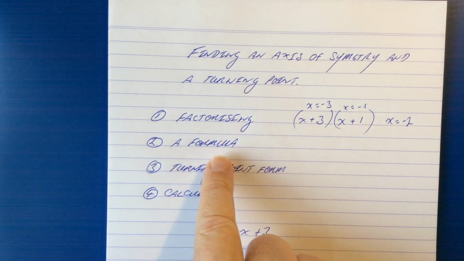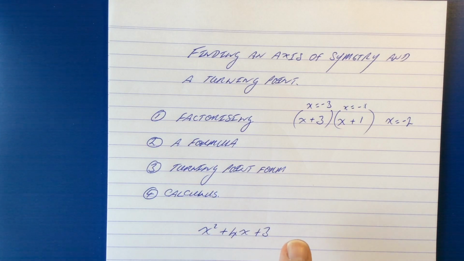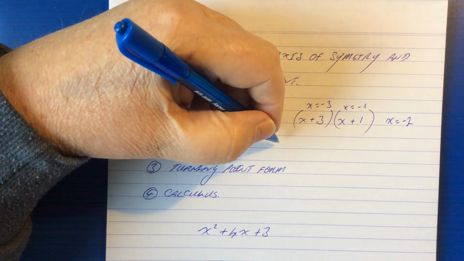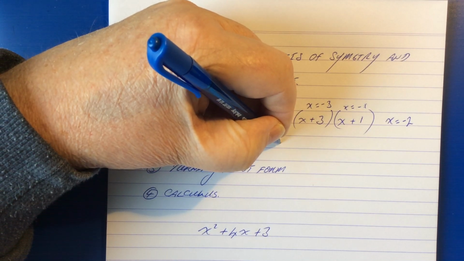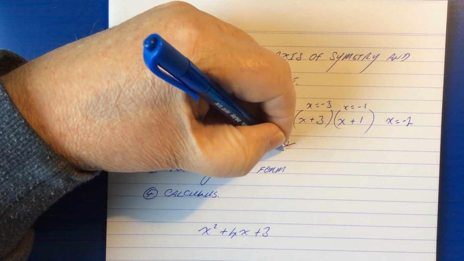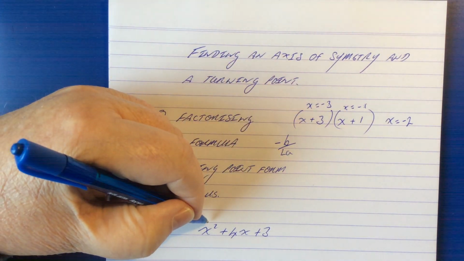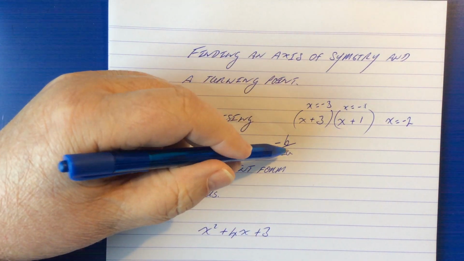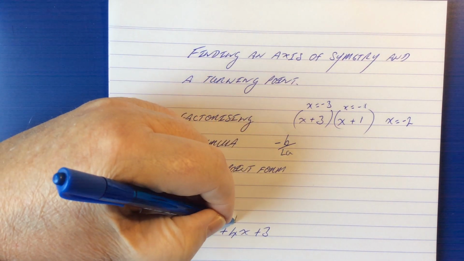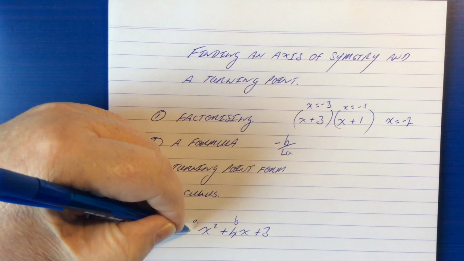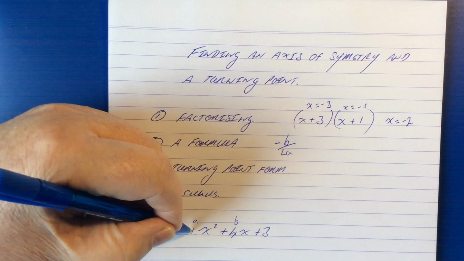The second thing that we could do, and it's helpful when you have a quadratic that is much more awkward than this, something that's very hard to factorize, you can use this formula, -b over 2a. Now, the a, b, and c in this, you don't see c here because it's unnecessary, but b is that number, and a is implied here as 1.